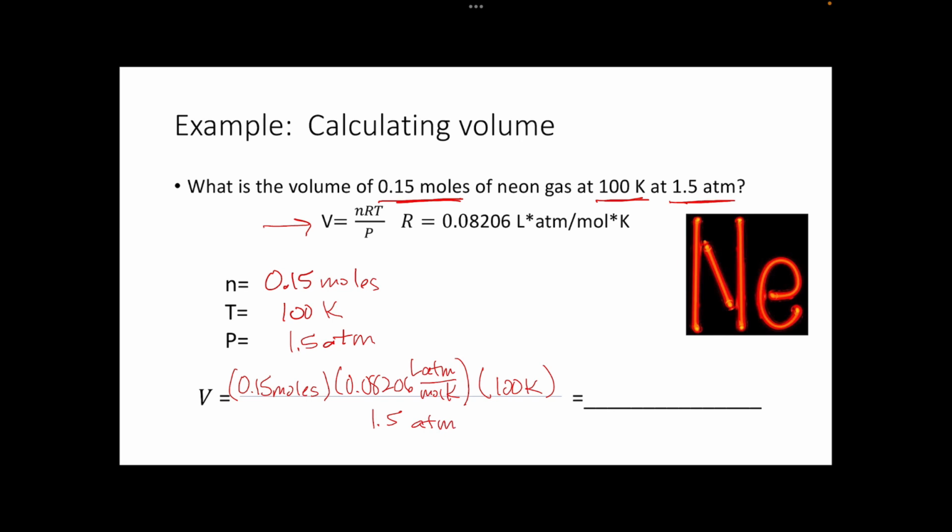If we calculate this, we take 0.15 times 0.08206 times 100 divided by 1.5, and we end up getting 0.82. And the units here are going to be liters. If we cancel our units, you can see that we're left with liters. So that is the answer for that one.